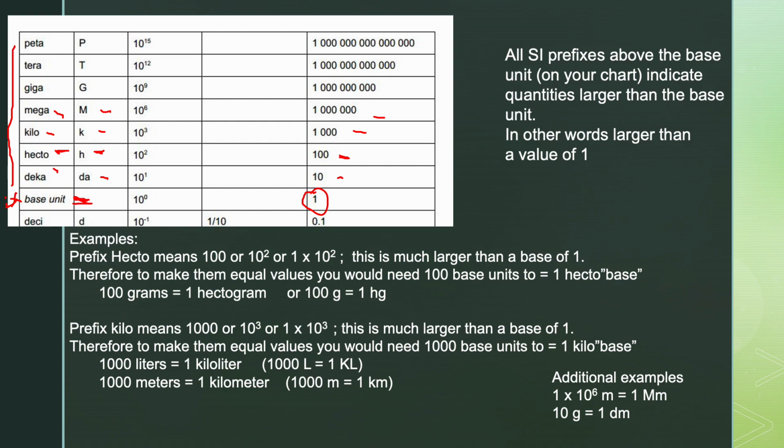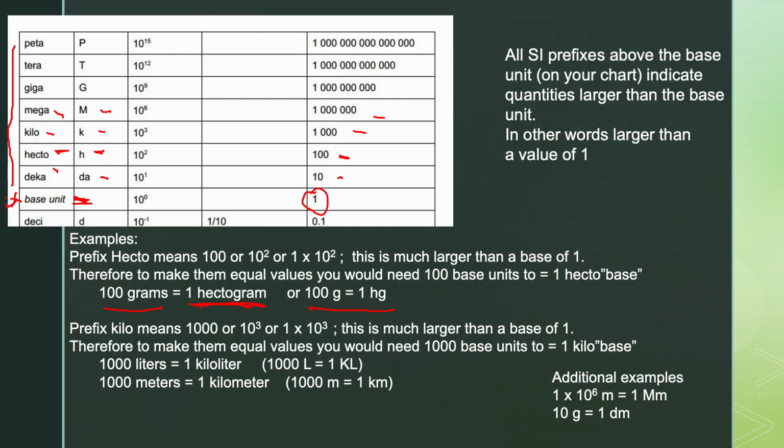So when I look right here at this example, hectogram, I have 1 hectogram, but you know a hectogram's a lot because hecto means 100. In terms of how large this is, 100 grams would equal a hectogram. And this is just abbreviated. 100 grams is equal to 1 hectogram.